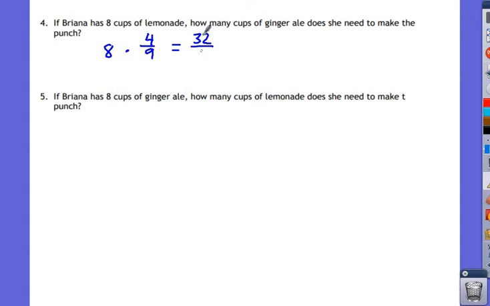And I have to ask myself, can 32 divide by 9 evenly? It cannot. So 9 goes into 32 3 whole times with 5 left over. So she would need 3 5/9 cups of ginger ale.